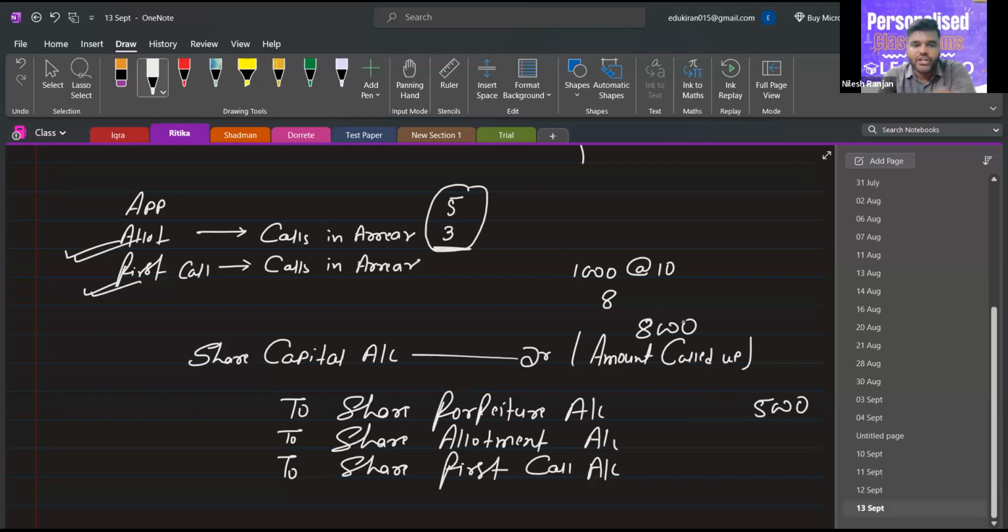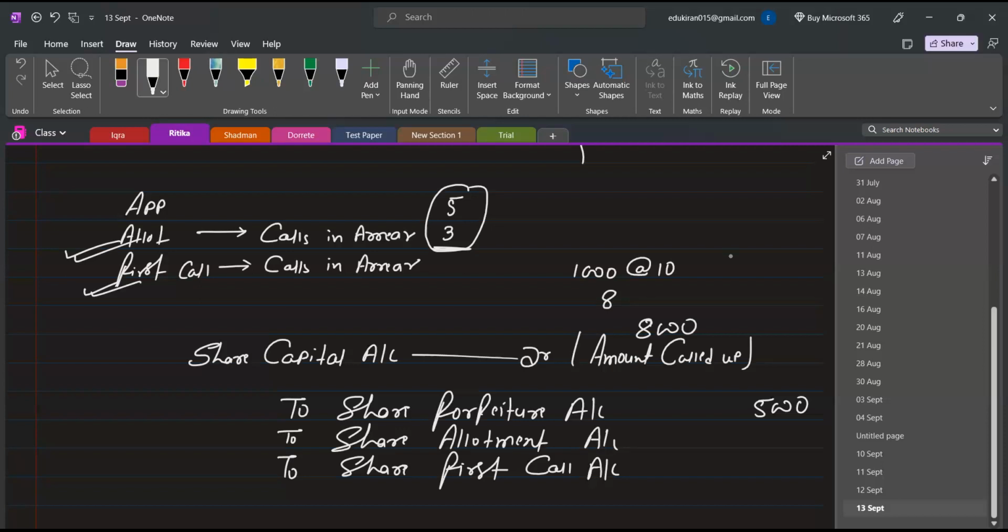Now in share allotment, how much money will we write? Okay, let me tell you. The call we have made is also to be cancelled. Sir, I don't understand. Not clear.